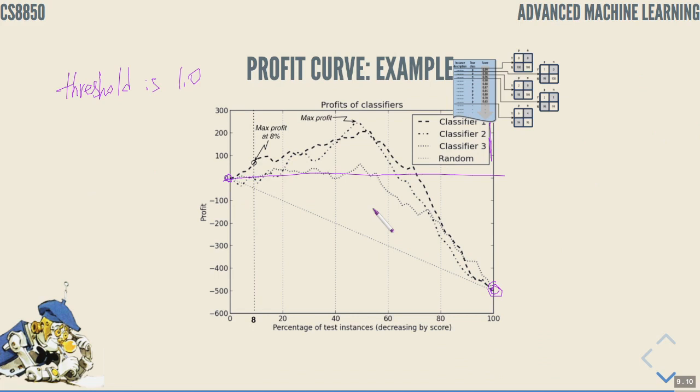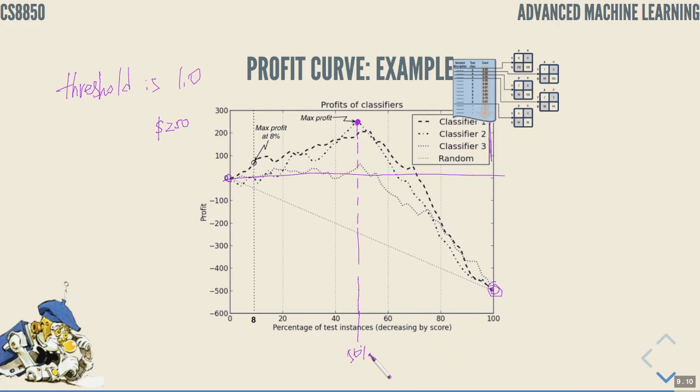So what do we observe? We observe that our maximum profit is here. It's somewhere above $200, maybe 250 or 240, I'm not sure. And it happens at around 50% of our test population.